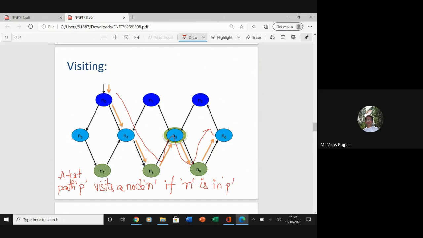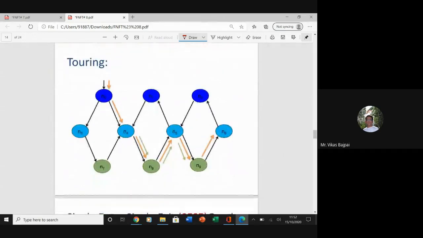Now next is touring. Previously it was visiting; touring will deal with the path only.